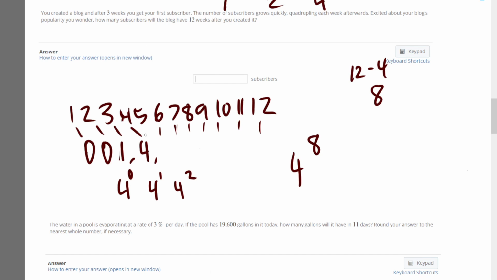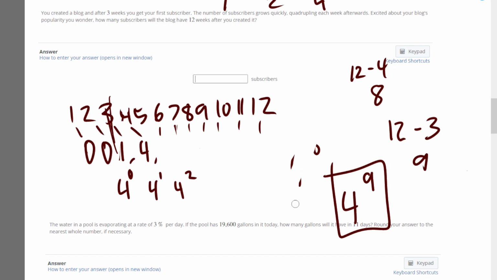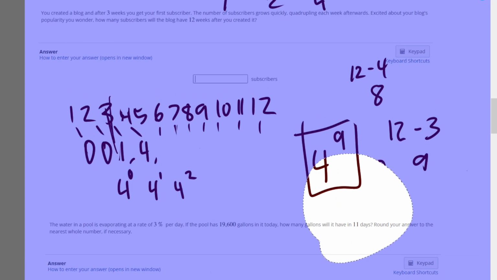But I think it's saying that on the 3rd week, you get 1. So we'll just do 12 minus 3, which is 9. So we actually want 4 to the 9th, we don't want this 4 to the 8th. Which should give you about 200,000 if I remember correctly.